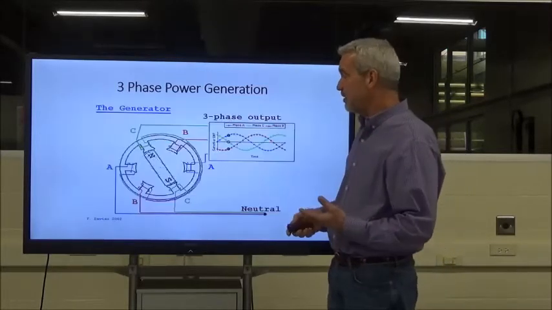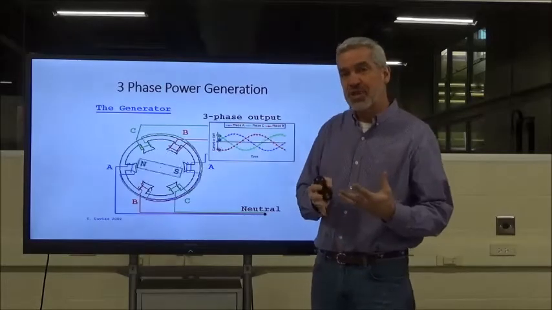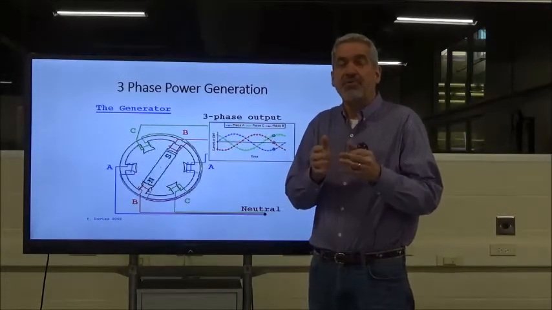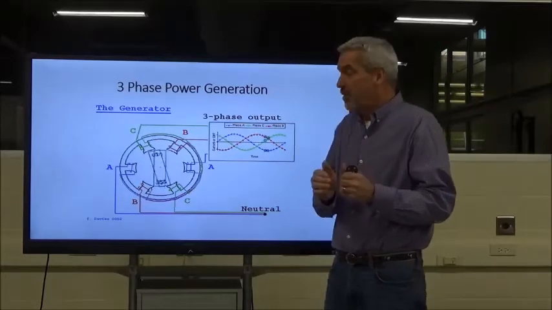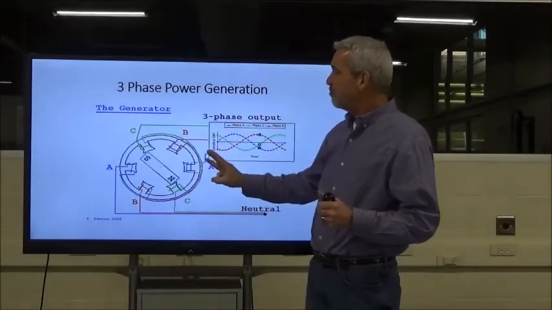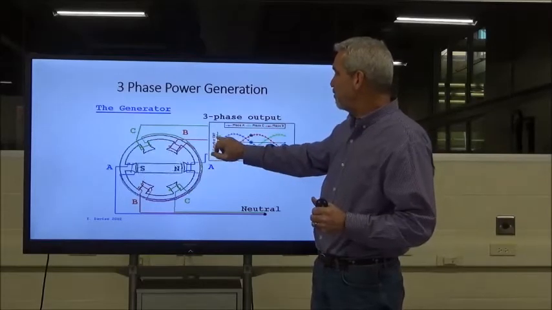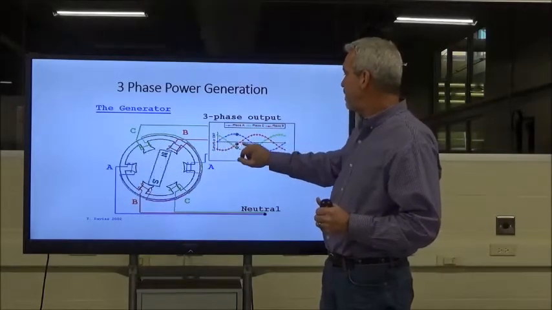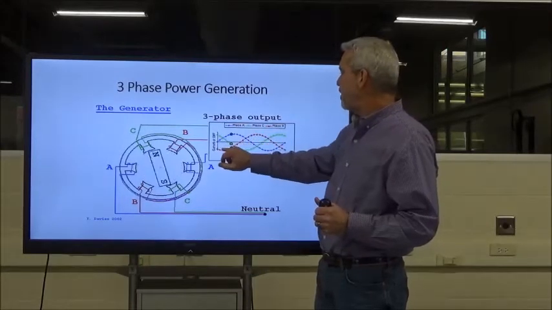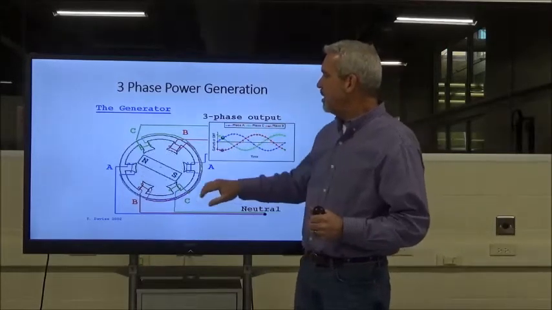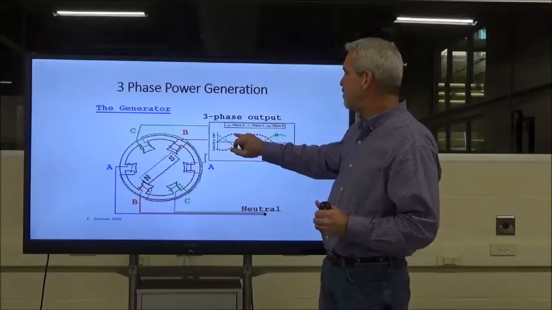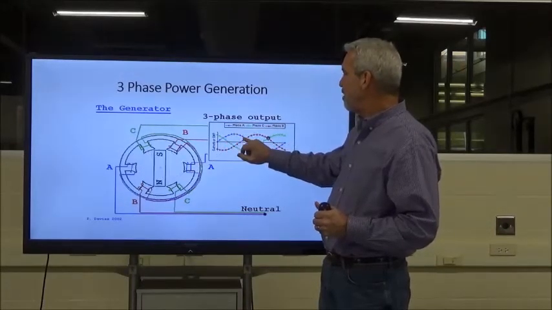Well, it stands to reason that if we add a third set of coils and we put them 120 electrical degrees apart from each other, we're going to have three phases. And you can see the three phases. The blue phase is phase A, the green is phase C, and the red is phase B. As phase A starts to peak, it starts to drop off a little bit.